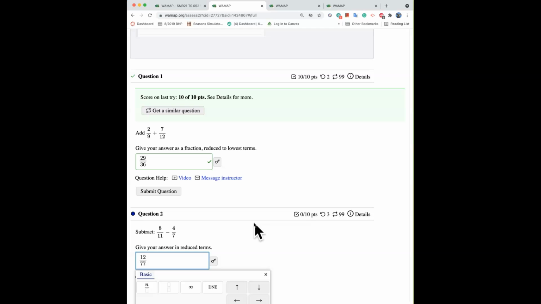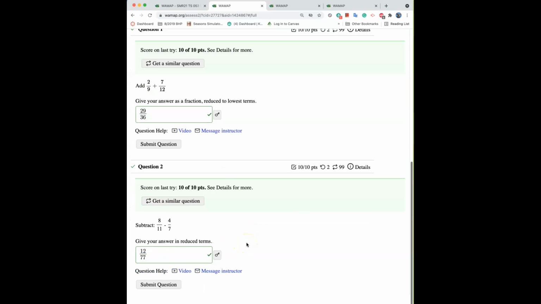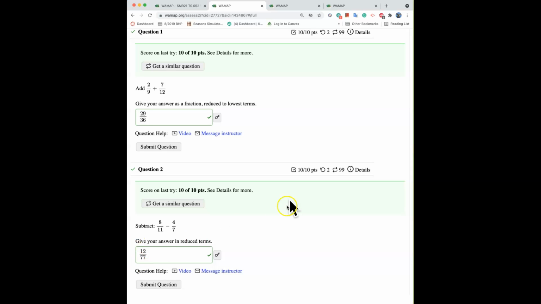You could do a prime factorization of 12, and you would get 2, 2, and 3, right? And if you did a prime factorization of 77, you would get 7 and 11, 2 prime numbers. So they don't have any factors in common, so this is reduced as far as it'll go. These two numbers are coprime.